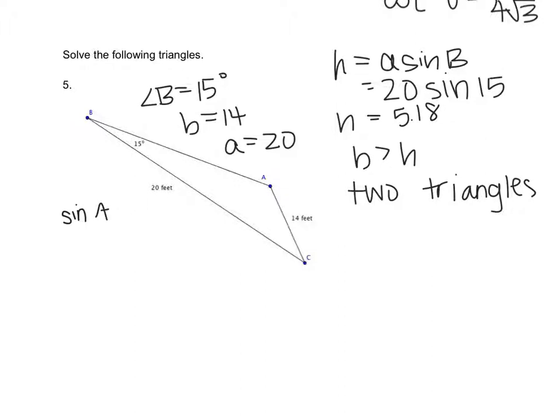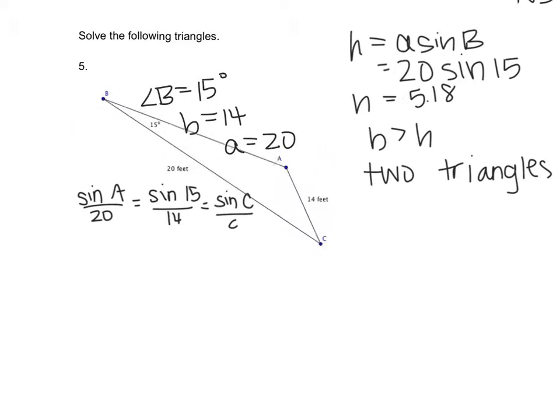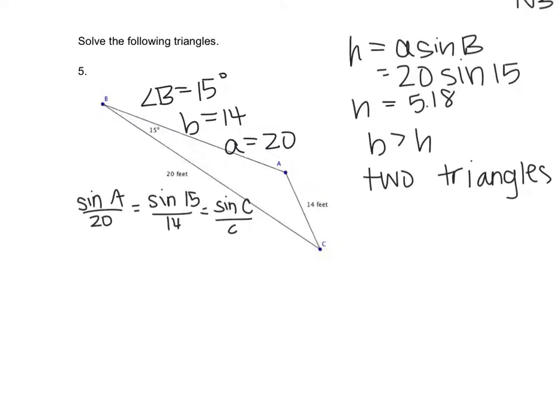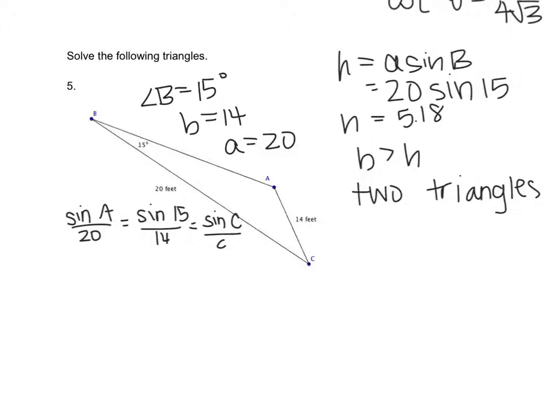So if we set up what we already know using the law of sines, we have sine of A over 20 equals sine of 15 over 14 equals sine of C over C. So we're going to use the law of sines to solve for angle A first.